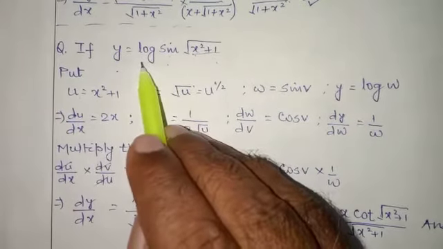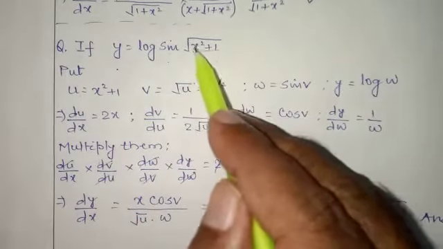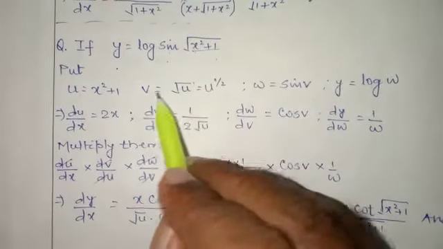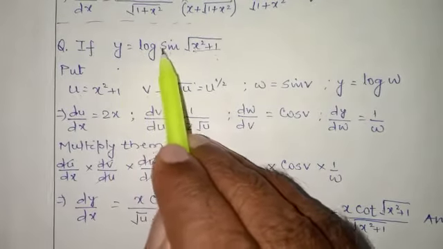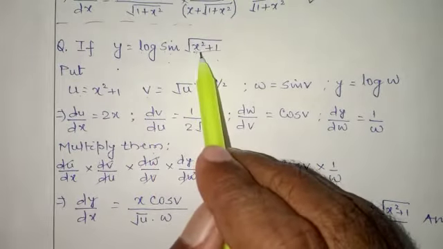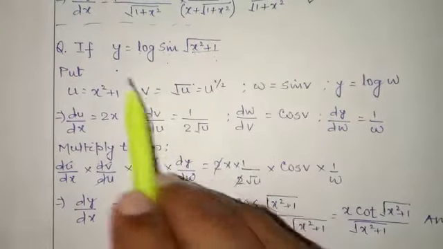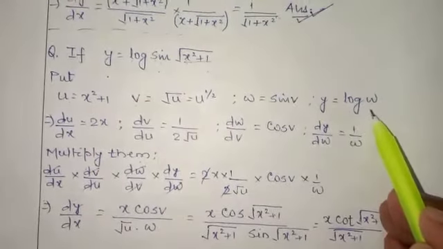Then y becomes log sine under root u. Now put under root u as v. Then it becomes log sine v. Finally consider sine v as w. Then y is equal to log w.